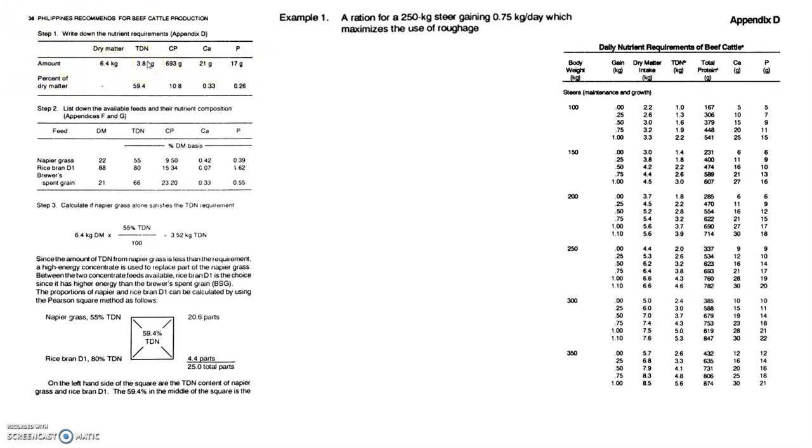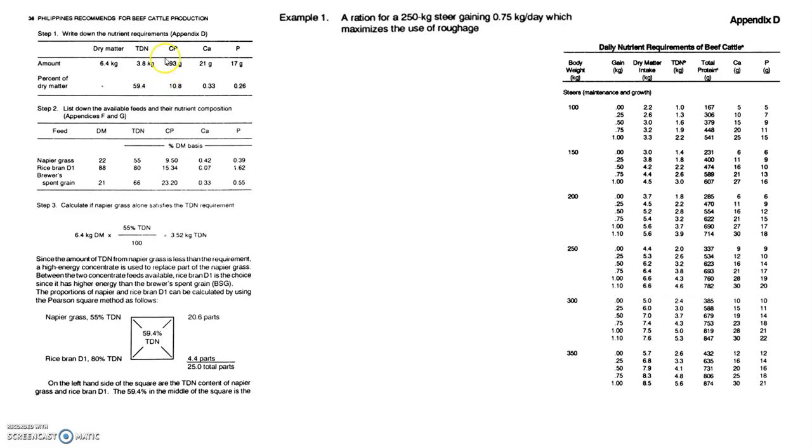Now, we also need to know the percent of dry matter. To understand this, what percent of the dry matter is this 3.8? What you do is 3.8 divided by 6.4. The answer is 59.4%, times 100.